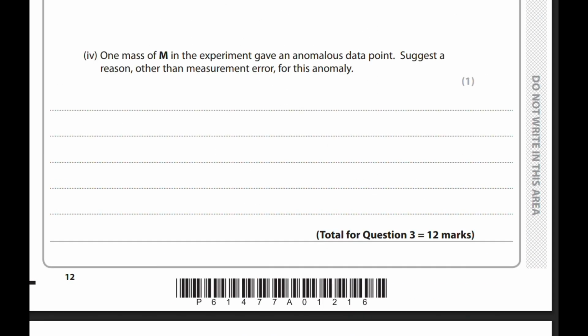One mass of M in the experiment gives an anomalous data point. Suggest a reason for this, other than measurement error. Because we can't give measurement error, the other reason can be that the temperature of the solution is not uniform.